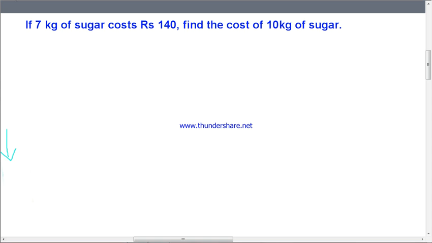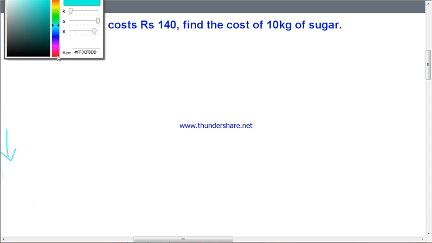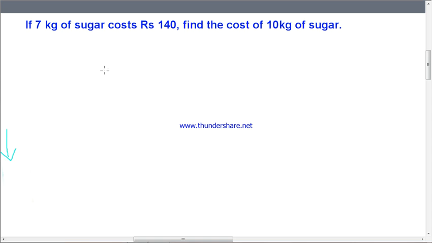Alright, so two things to be kept in mind as the quantities. What are the quantities? One is sugar and another is amount. I'll write sugar over here and then amount, and in the bracket I'll write rupees.